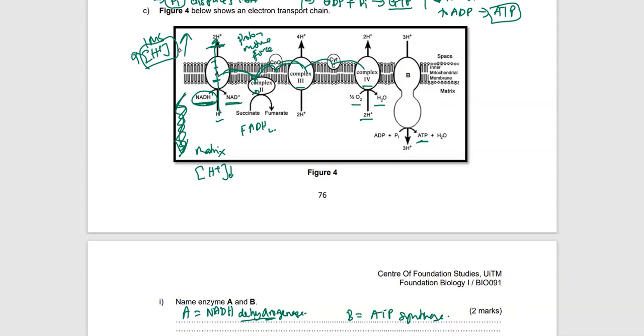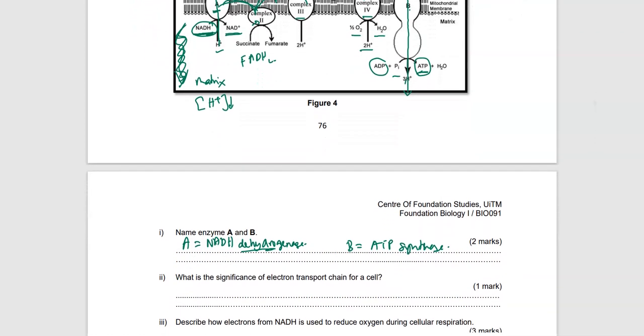This proton motive force allows hydrogen ions to diffuse back from the intermembrane space into the matrix. The proton motive force is used by ATP synthase. It is a form of energy that ATP synthase uses to synthesize ATP from ADP and inorganic phosphate.